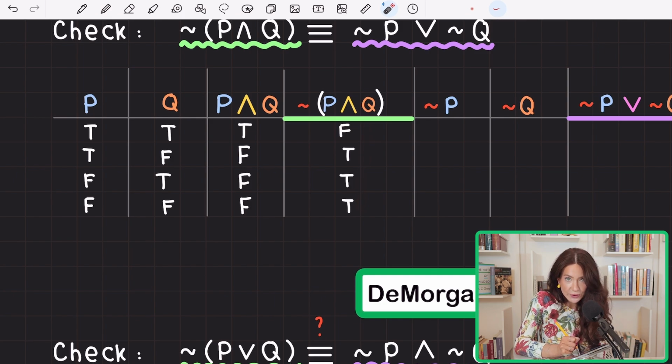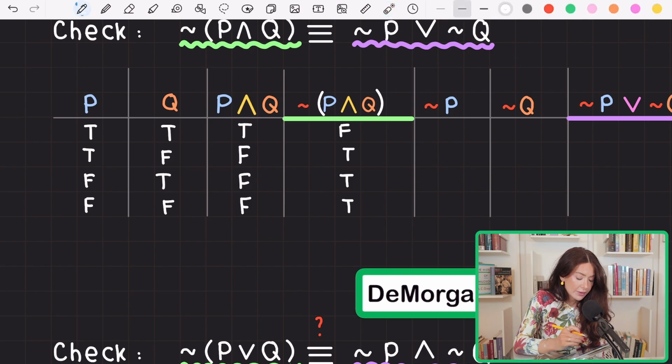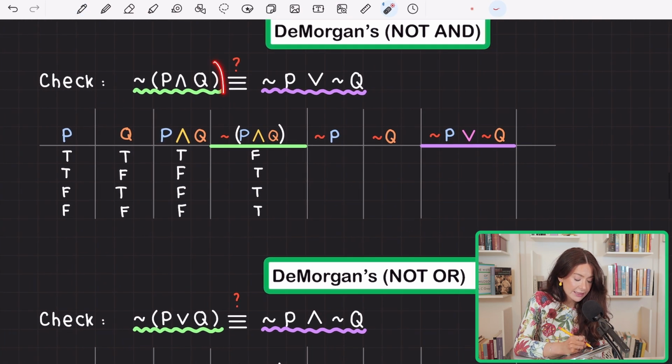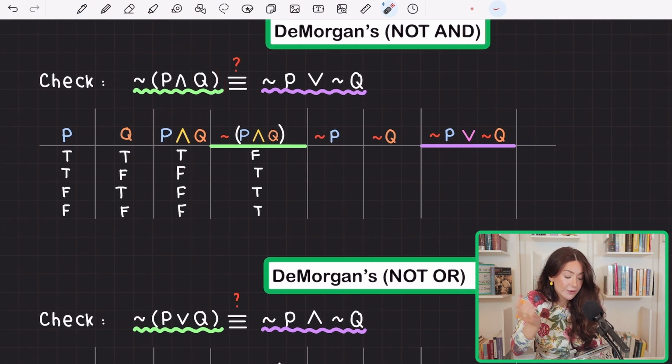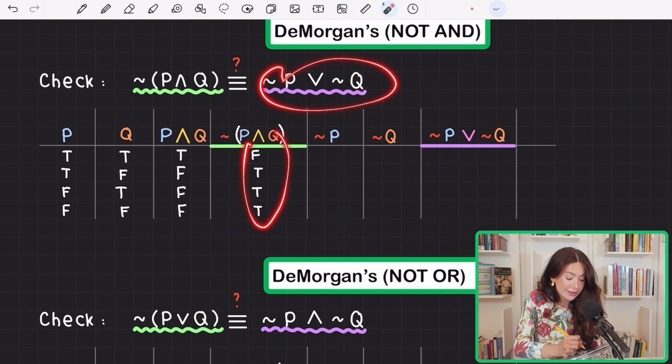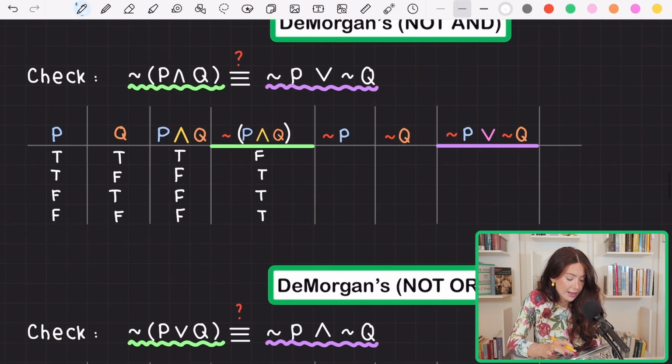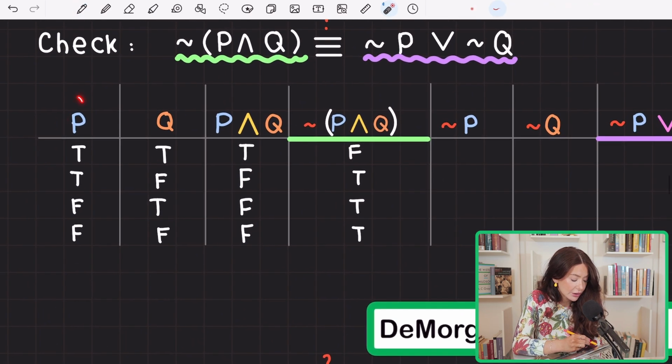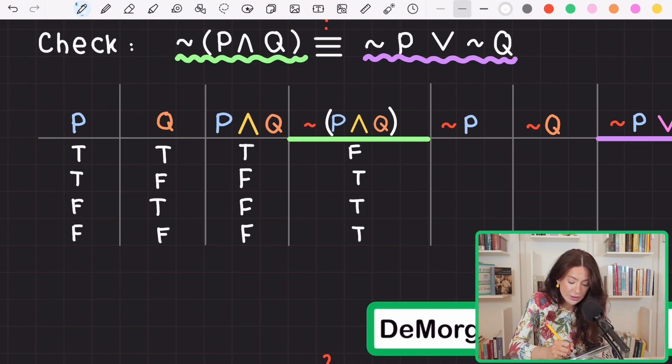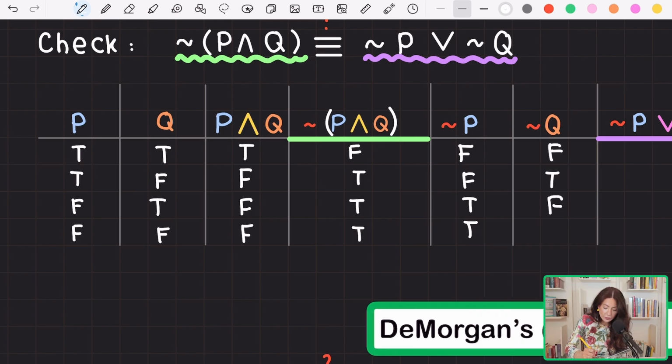If you have true, false, false, false, you get false, true, true, true. Okay, so we got the left side, and we're going to see if we get the right side to look exactly like this. First I need to get not P, which is false, false, true, true. And not Q, which is false, true, false, true.